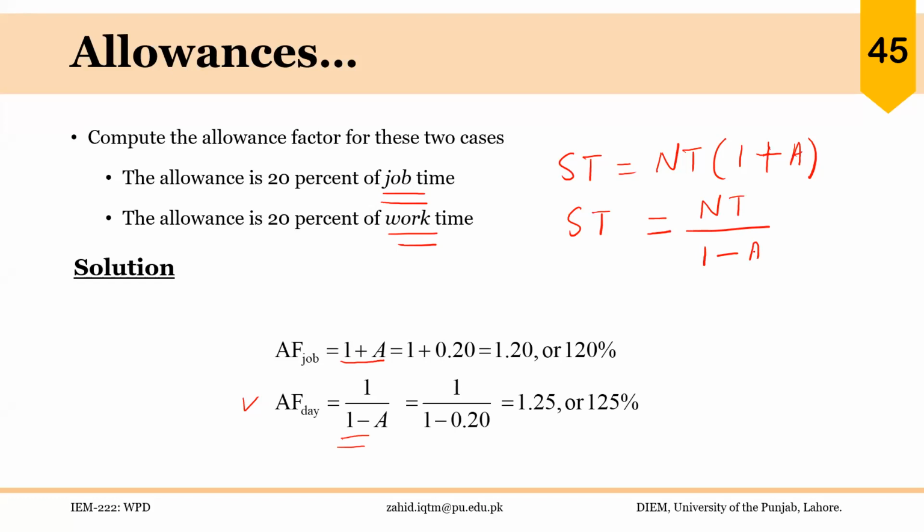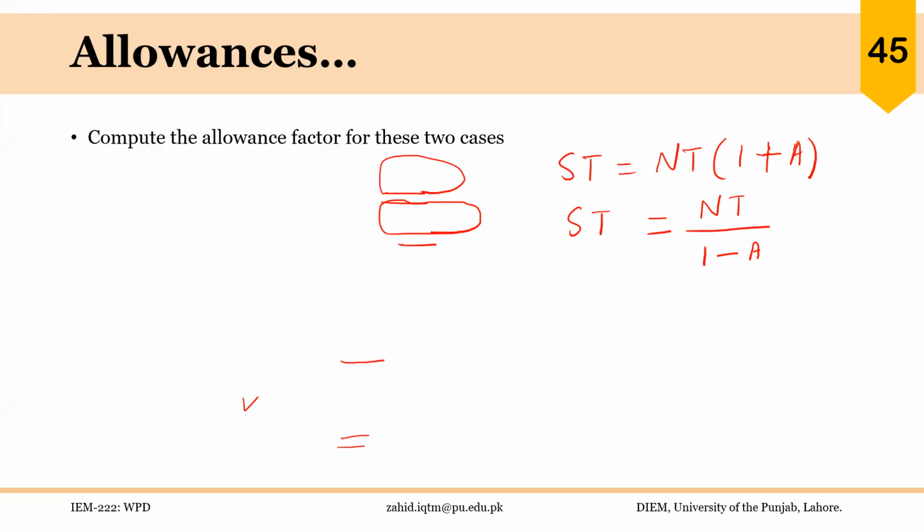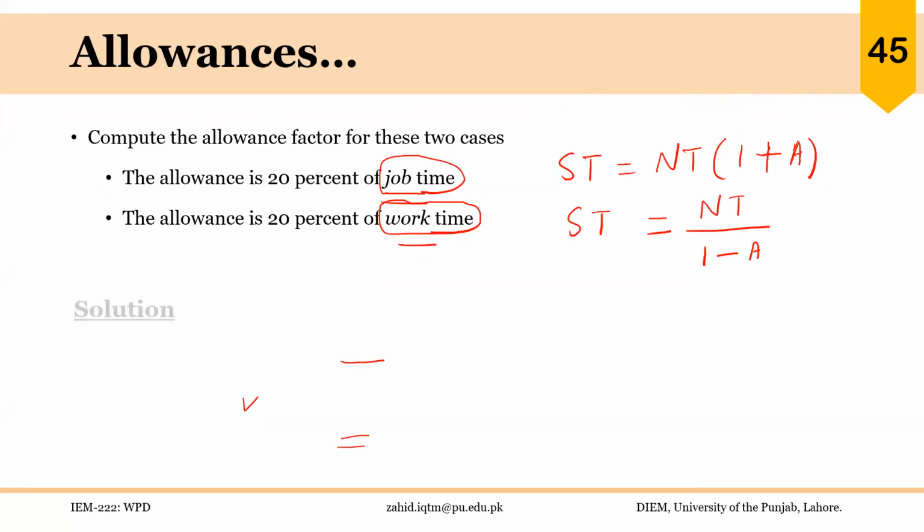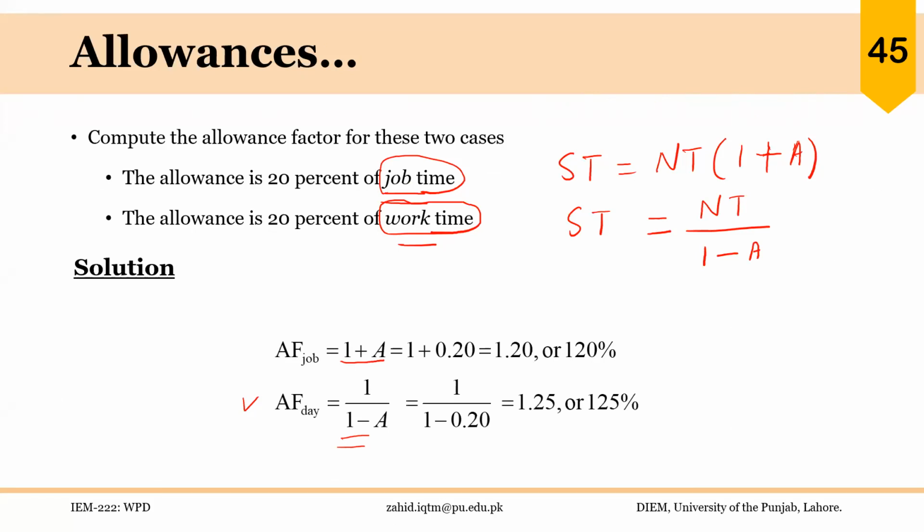Most of the time, the allowance is given as a percentage of job time. That is more common. But sometimes the allowance is to be applied as a percentage of work time. It is a rare case, but sometimes the allowances are not found from this table. This table is for allowance as a percentage of normal time as a job time. But if it is as a percentage of work time, then the second formula is to be used.